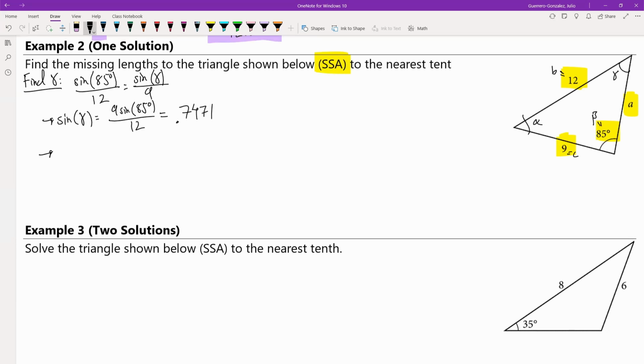Which means the angle gamma is equal to sine inverse of 0.7471, and that is going to be 48.34 degrees, okay? Now, I do want to go back to this statement right here, okay?